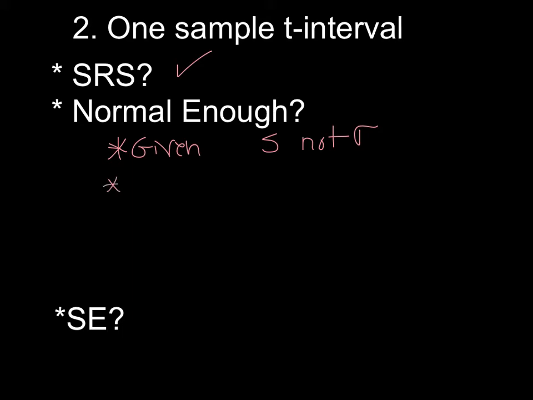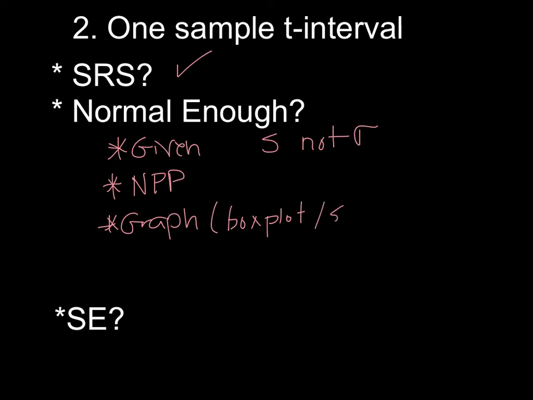Obviously, other ways in which we can look at normality, looking at a graph of the normal probability plot, if we have the data, would be a way. Looking at other graphical representations, such as a box plot. You know, we know what the symmetry of a box plot looks like. We know if maybe we were given like a stem plot, we could look at a stem plot, or even a histogram.